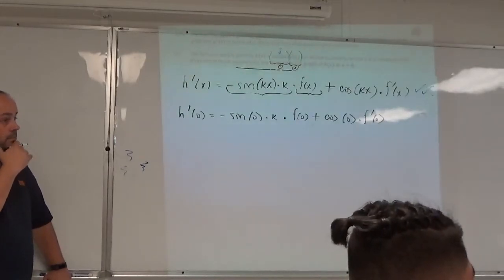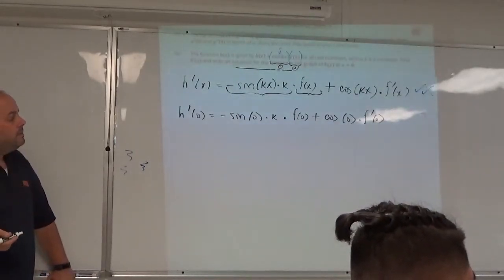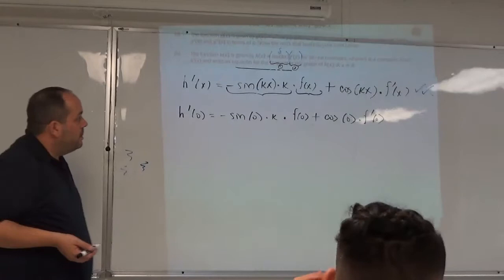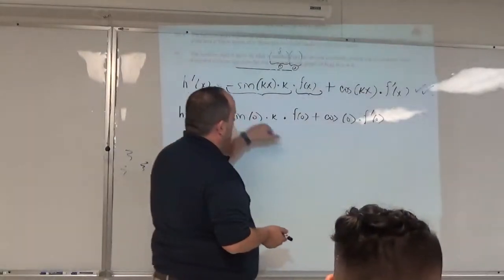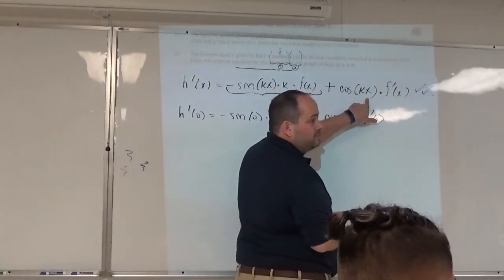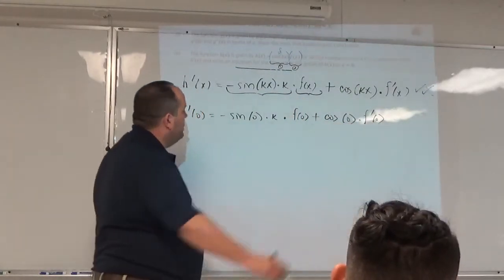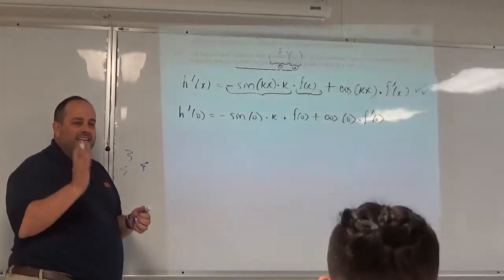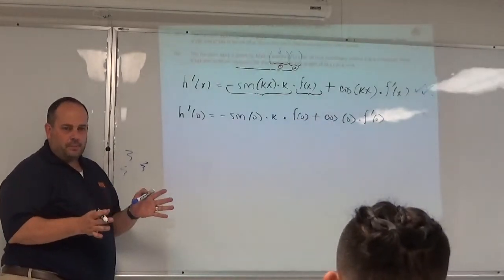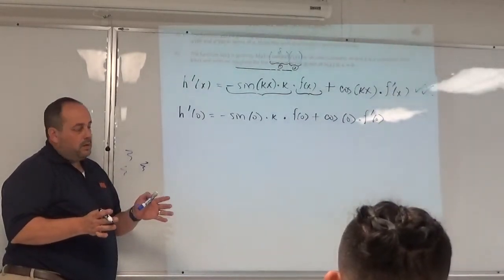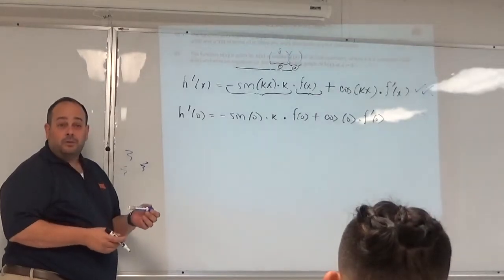On the side it says cos of k times x, and why did I write 0? You're good? Okay. If everything is a number or a constant, you can stop. We've got some things here that are not numbers.